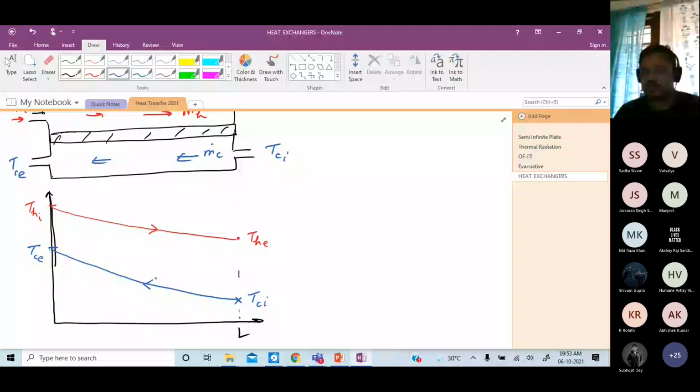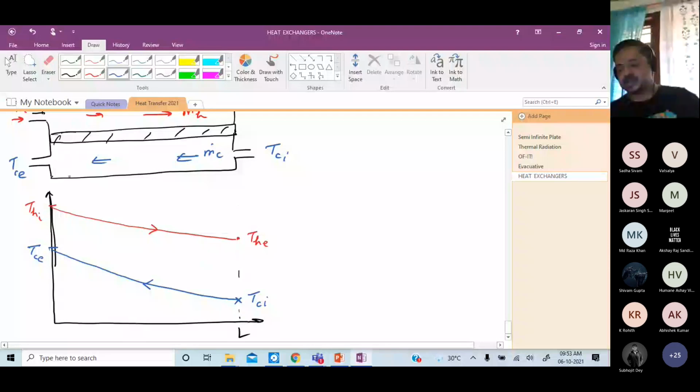And depending on the mass flow rates of the hot and cold fluids and their specific heat, the temperature difference at x equal to 0 can be larger or smaller compared to that at x equal to L. I have drawn it to be smaller, but not necessary that it has to be.